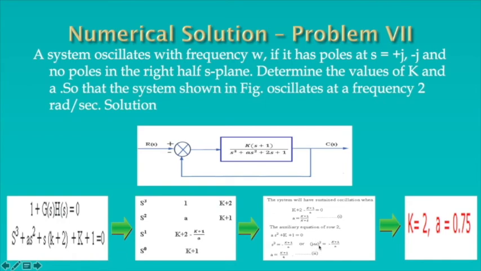Here the oscillation frequency is given as 2, so put omega equal to 2. Then from this equation we get a equal to (k plus 1) by 4. So from equations 1 and 2 find the values of a and k: k equal to 2 and a equal to 0.75.